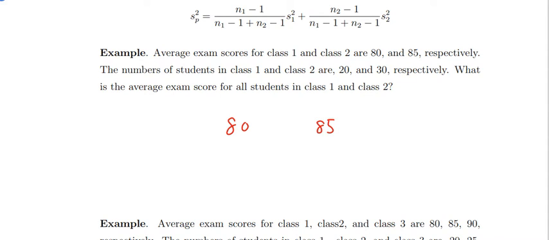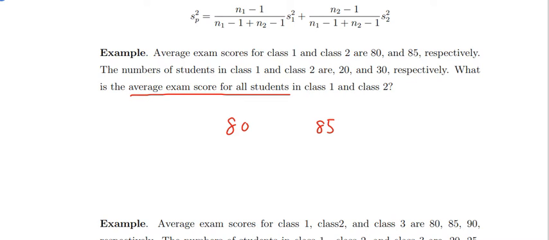Then we want to find the average for all students if we put the two classes together. This average we cannot simply add up and divide by 2, right? Because the class size is not the same.